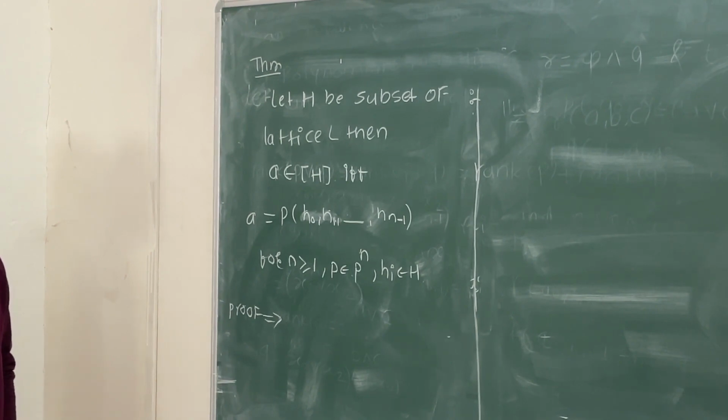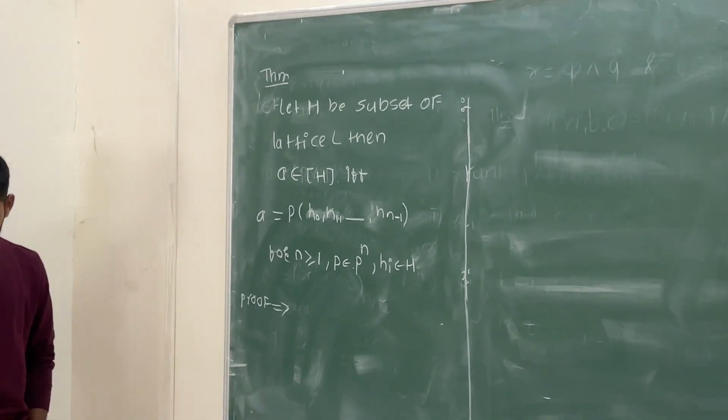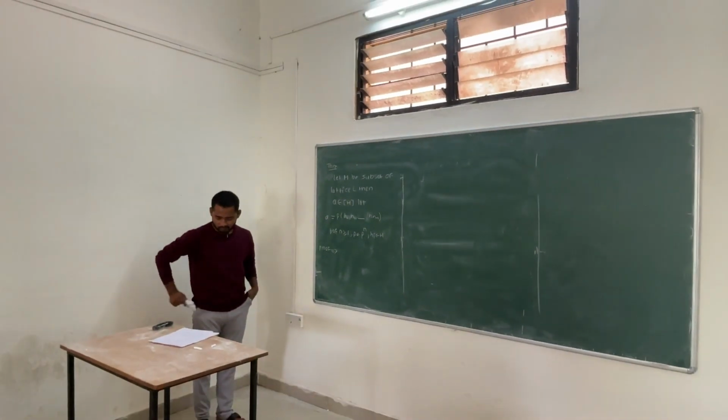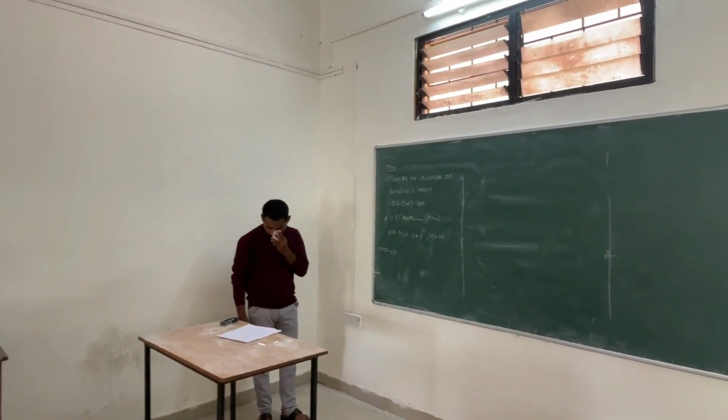But we know polynomial means what? The right hand side is either meet or join of hi's. Yes or no? That means A will be in the square bracket H if and only if A is a combination of elements of H with meet and join. Is this clear? So any A can be written using the hi's with meet and join.